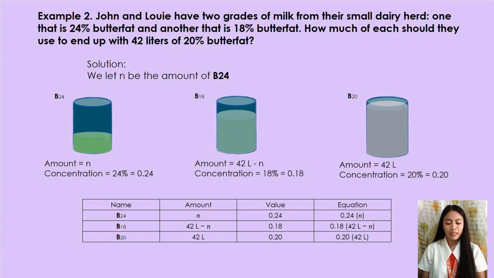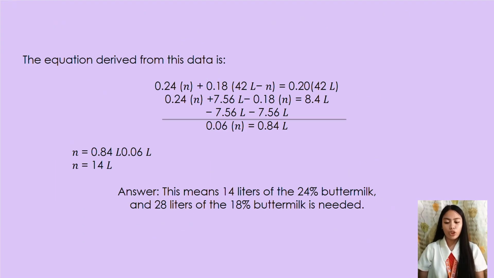Then multiply again the amount and its value to get the equations: 0.24 times N for B24, 0.18 times 42 liters minus N for B18, and 0.20 times 42 liters for B20. The equation derived from this data is 0.24 times N plus 0.18 times 42 liters minus N equals 0.20 times 42.